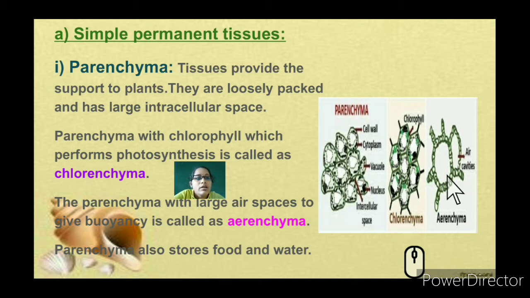If the parenchyma cells are able to synthesize food for plants, they are known as chlorenchyma. They have green pigments in them, so they are known as chlorenchyma. If the parenchyma cells have large air spaces, they are known as aerenchyma, and parenchyma also helps in the storage of water and food.